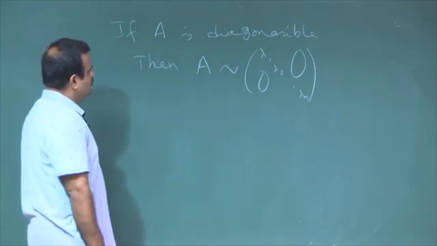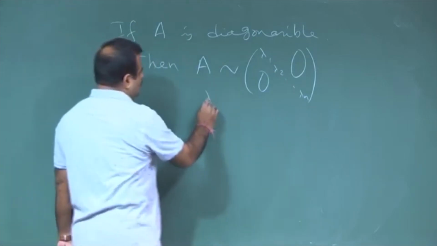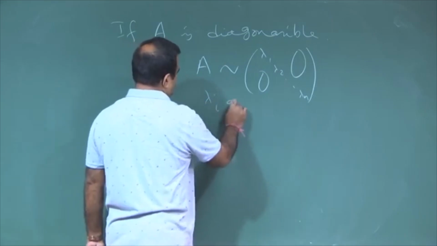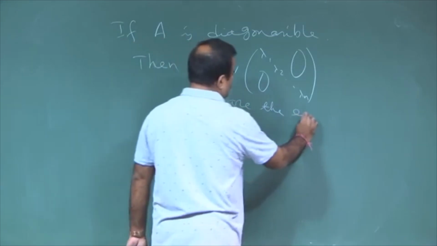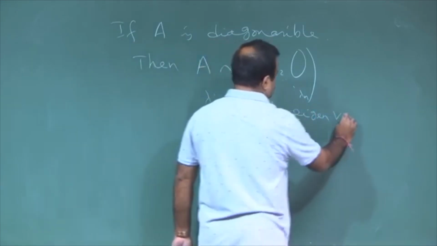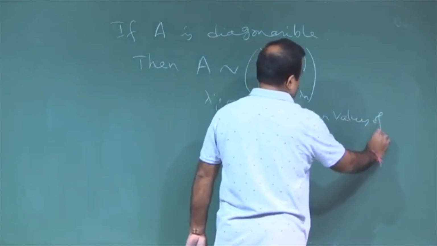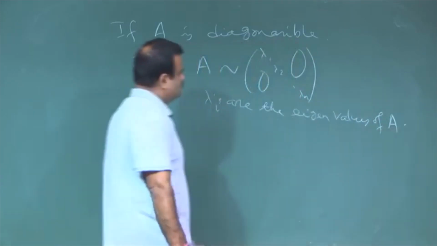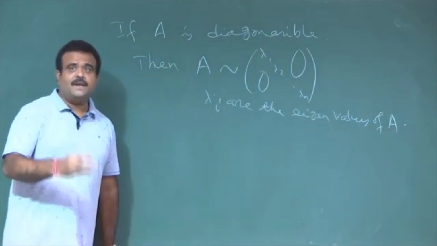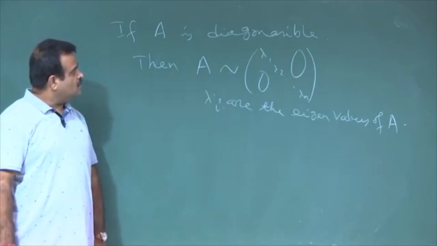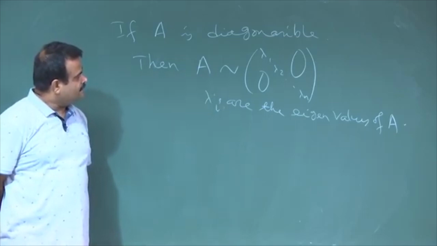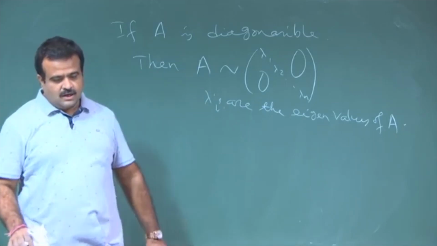This is the diagonal matrix, and these lambda i's are the eigenvalues of A. Provided A is diagonalizable, then A will be similar to this.